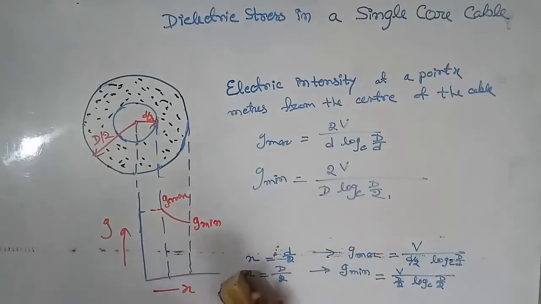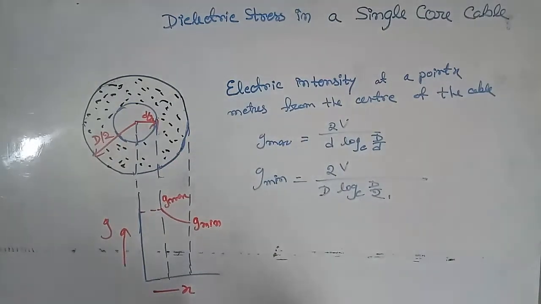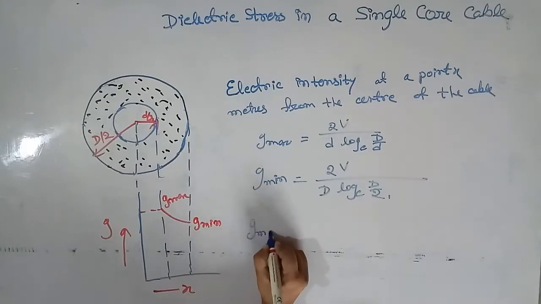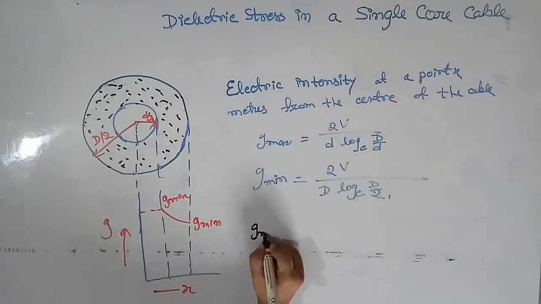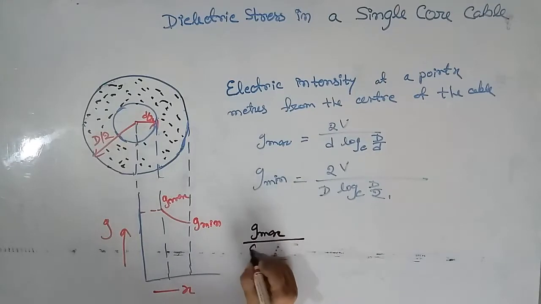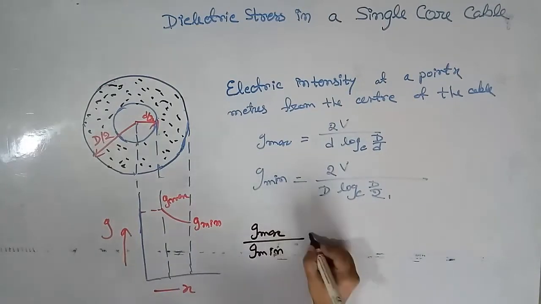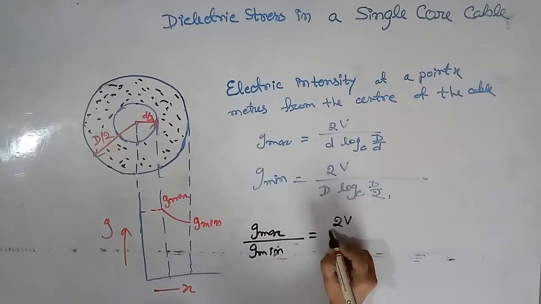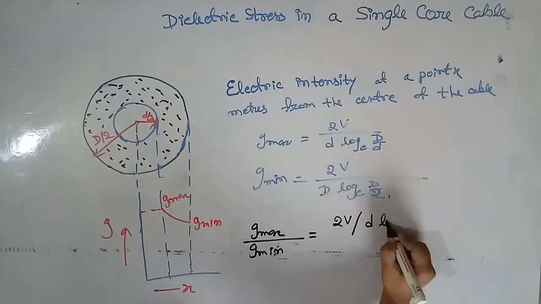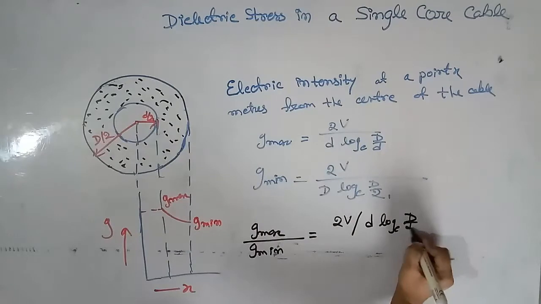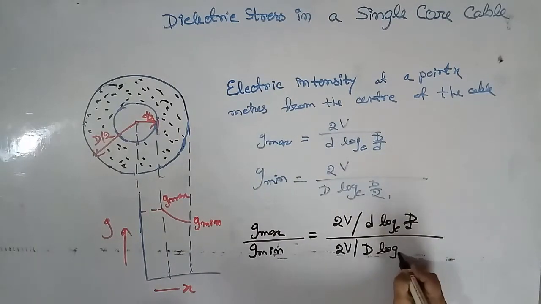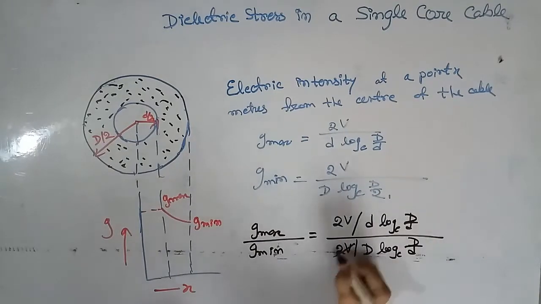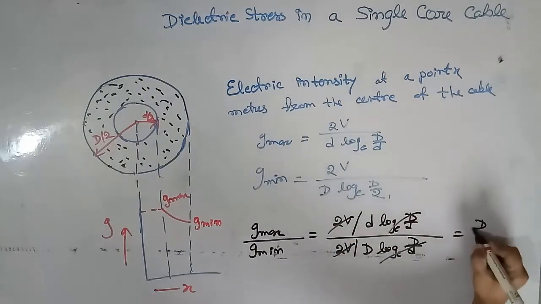Now what is the ratio of G max by G min? It is 2V by d log e D by d over 2V by D log e D by d. So this is equal to capital D by small d.